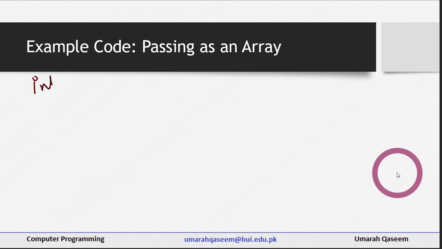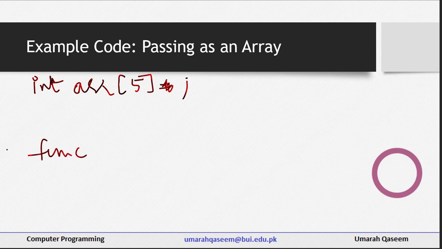Let's say I have an array, int, let's take the same name. It has, let's say, 5 values in it, and I'm not initializing it right now. Let's just declare it. Let's say I have a function with the name func, and it's void.